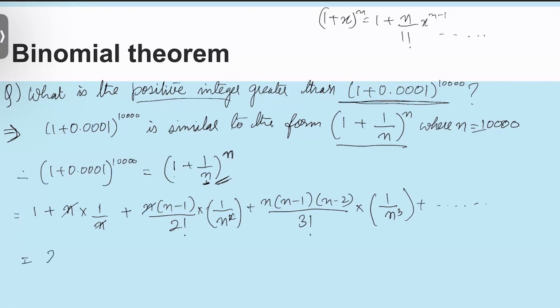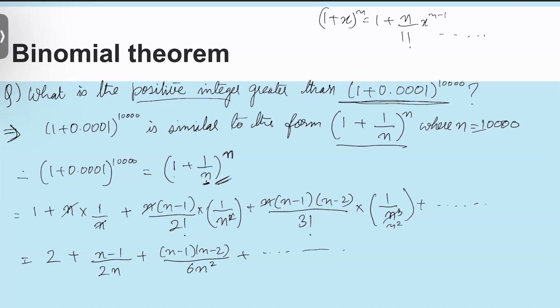So what you are getting is 2 plus, over here you will have n minus 1 upon 2n, and then the next one has n squared below. Similarly, all these.